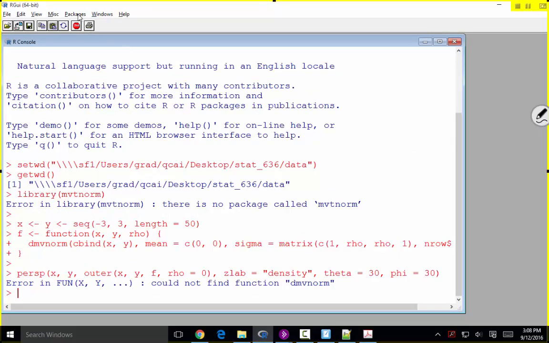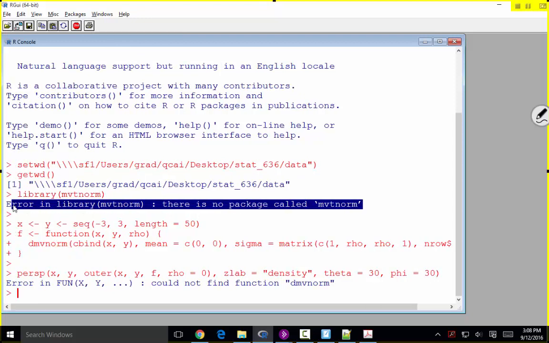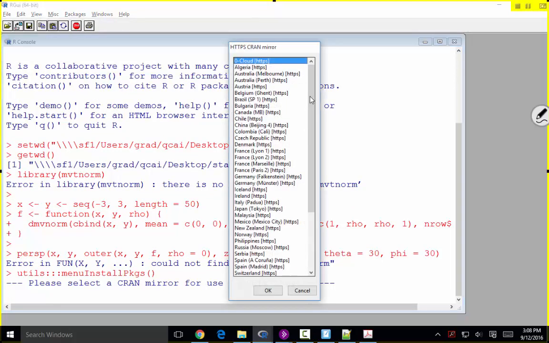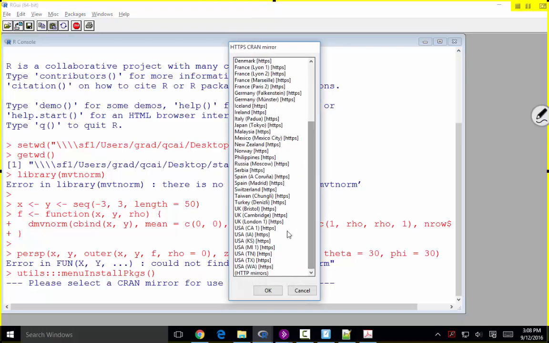Okay, if you get an error like I just did, I tried to load the package mvtnorm. Packages in R are collections of supplementary functionality that sometimes you need but don't come with the base R installation. So I want to use this package, but this computer does not have that package installed yet. So I'm going to go to Packages, Install Packages. I will pick a server that's nearby.